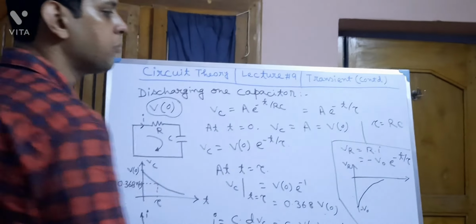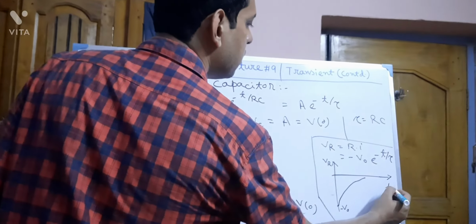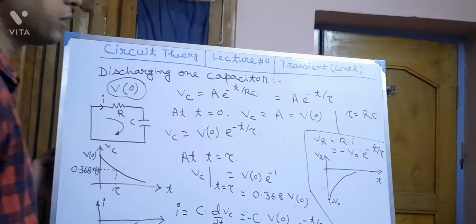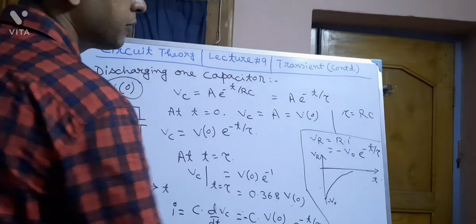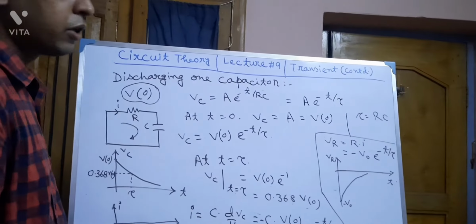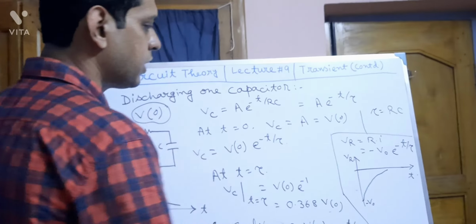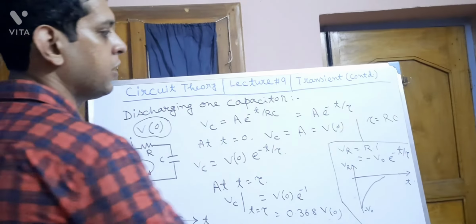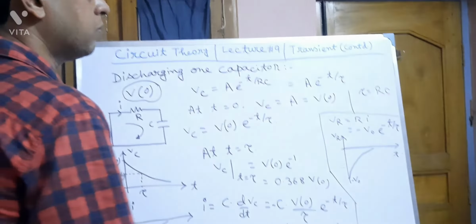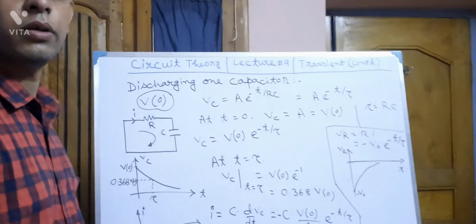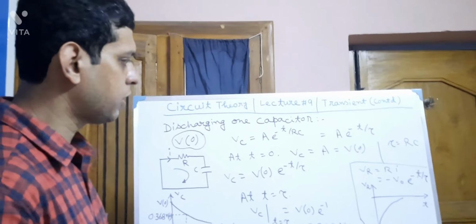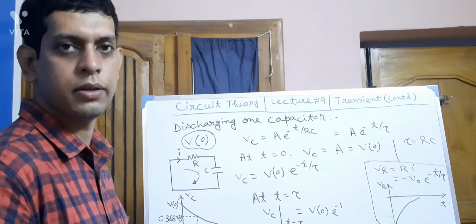The initial value of the voltage across the resistance is minus V0, and the minus value will decrease gradually, and finally this will be equal to 0. Okay, so let us conclude for today. Thank you.